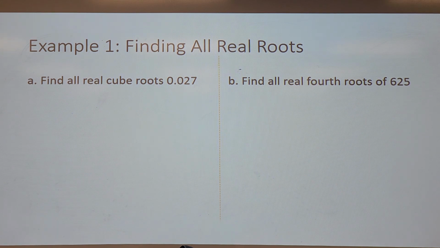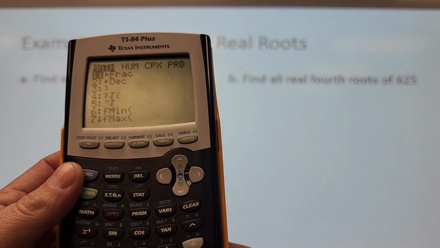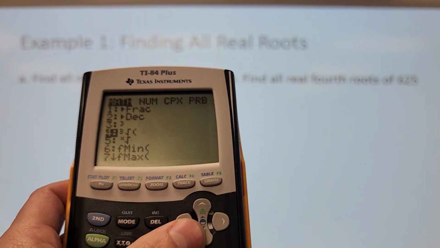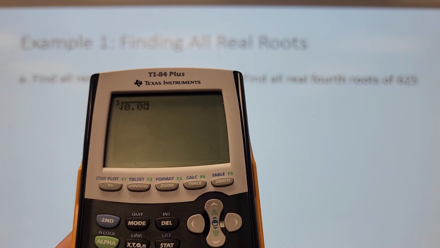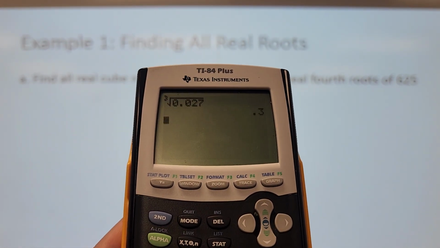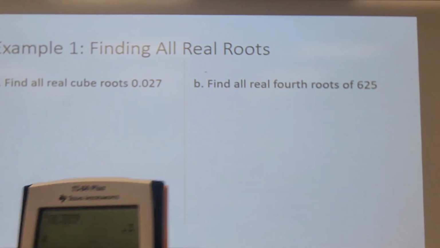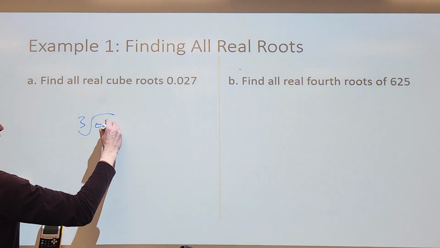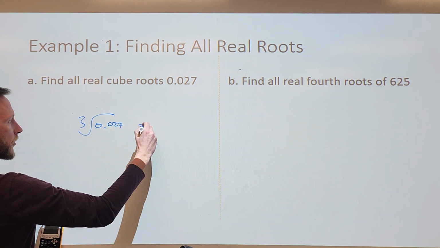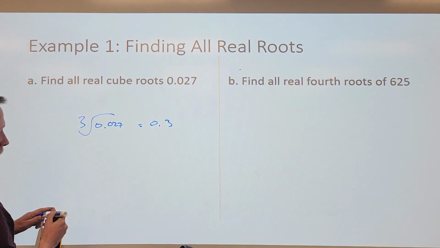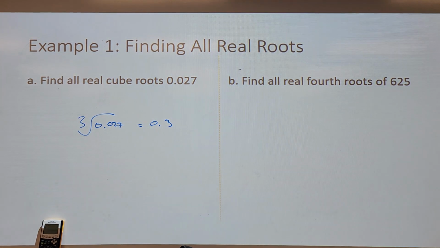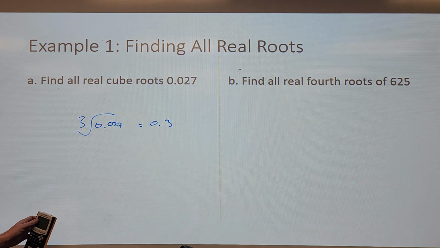When we go to our math menu, we can see that there is a cube root button that shortcuts us from having to type 3 and then x root, and we will have one answer, 0.3. Another way for us to do that would be to write that as a fraction and take the cube root of the numerator and the cube root of the denominator. That's always a fun time, and I'd love for you to explore that.